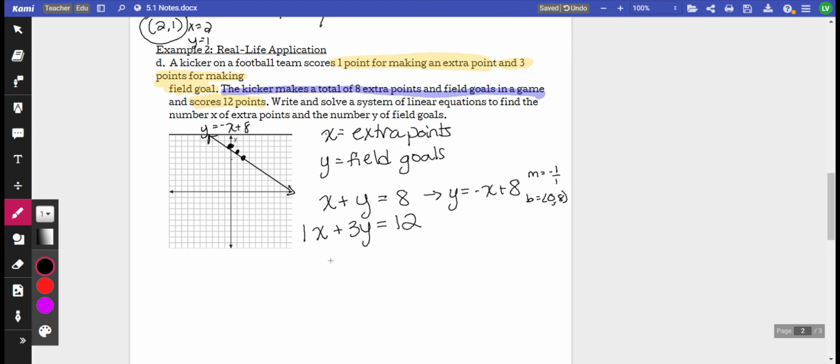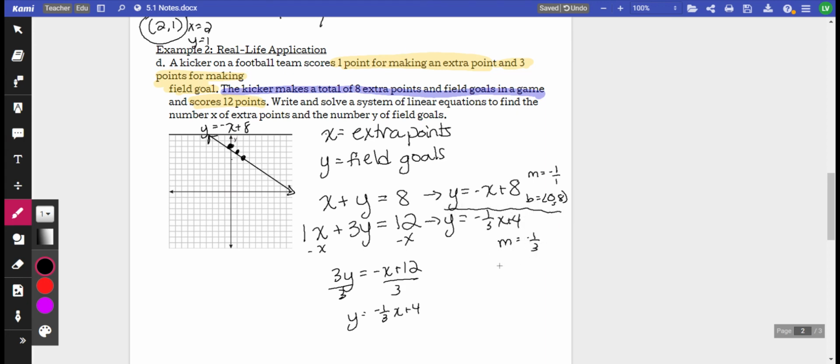Okay, then for the second equation, I want to make it say y equals as well. Well, in order to do that, I subtract 1x from both sides, and I'm left with 3y equals negative x plus 12. I'm going to divide both sides by 3. That gets y equals negative 1/3 x plus 4. So my slope equals negative 1/3.